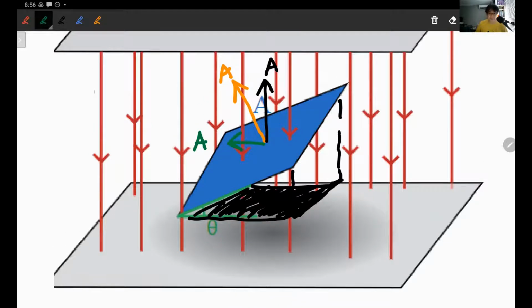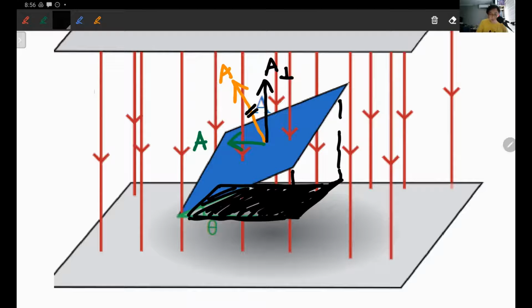Now the black component, I'm going to call A perp, because this area vector is pointing up. Remember that every time you have an area vector, the actual area is always oriented in the perpendicular direction relative to the vector. So when A perp is pointing up, the actual area is going to be perpendicular to it. You guys with me? So that is the black area down there.